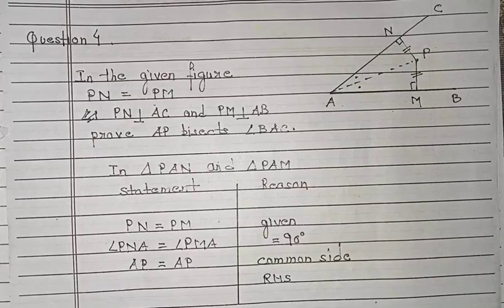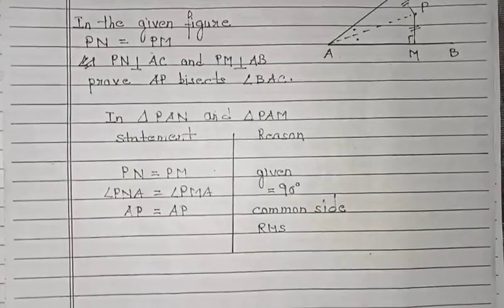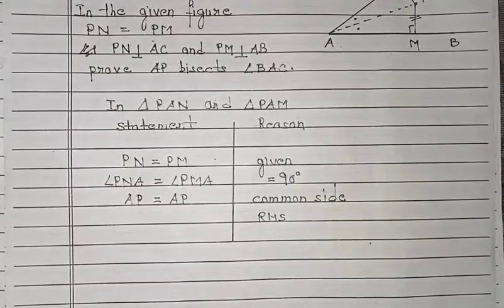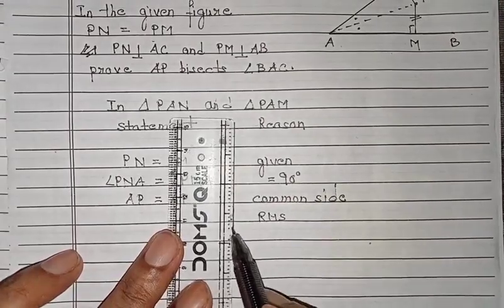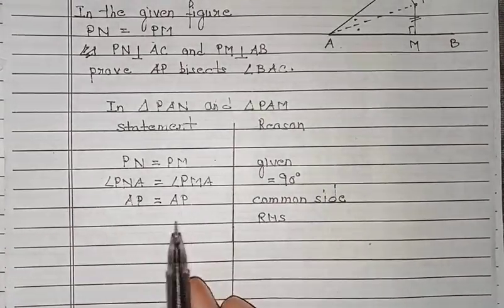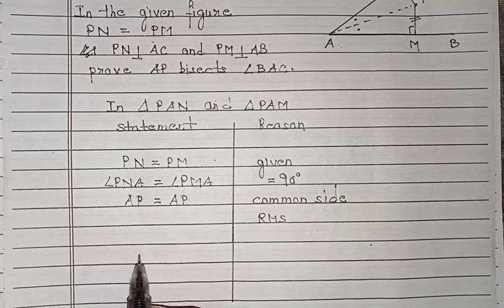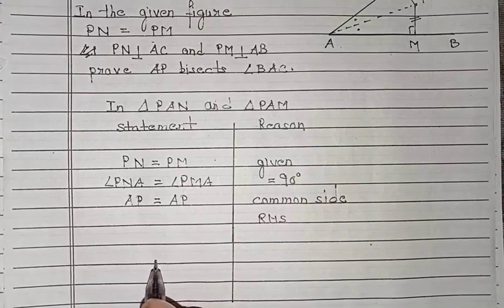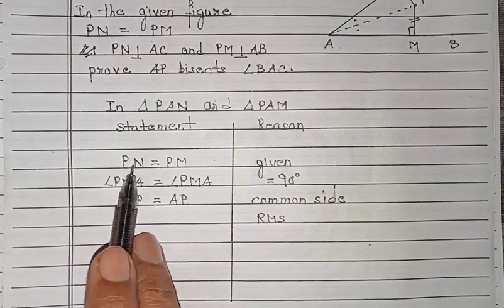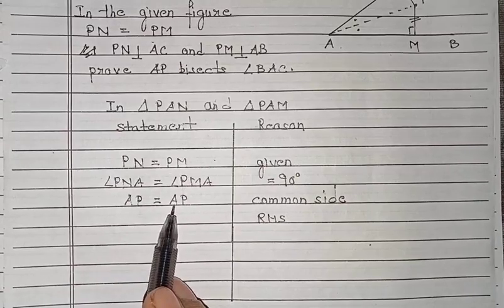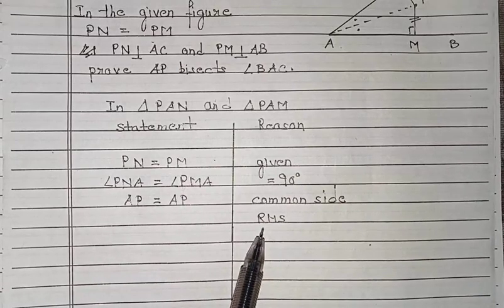Now let us see the corresponding parts. The corresponding parts will be whichever sides have been shown equal, angles opposite to them, or whichever angles have been shown equal, sides opposite to them, they will be the corresponding parts. Okay, so first of all we can write that the side, as you can see, two sides are equal and congruency has been proved.